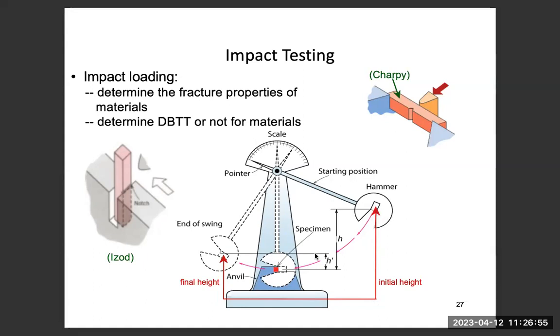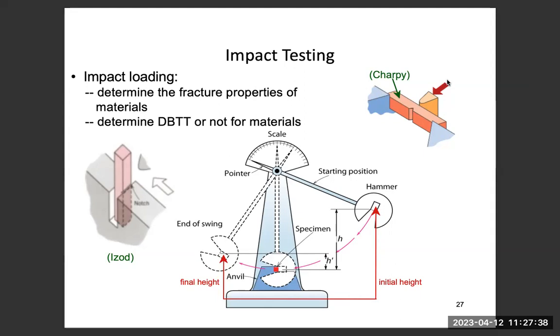We release the hammer, we put in the specimen and fix its ends, and this potential energy of the hammer will be delivered to the Charpy impact specimen, which has a pre-existing notch to create localized deformation and localized strain. So we will have some crack formation here. The crack will propagate along the notch, and the specimen will absorb some of the energy, then fracture.